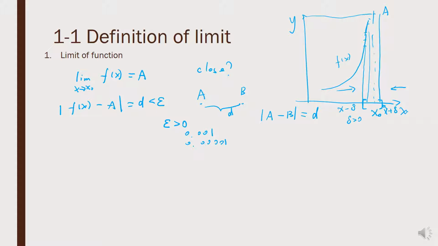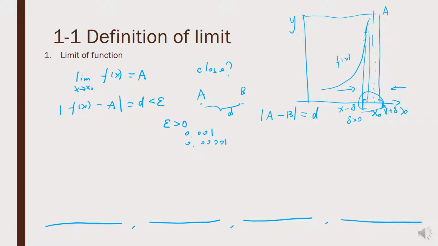So it means there's always exist one number. We give its name delta here. Delta can always be within the range shown here, within the brackets. All right, so let's describe it in words.